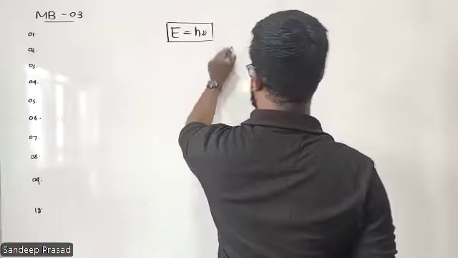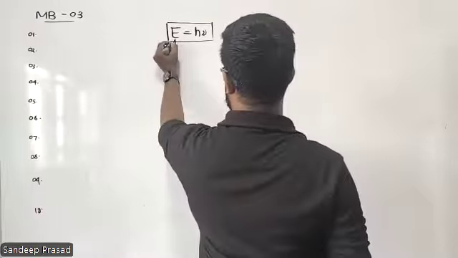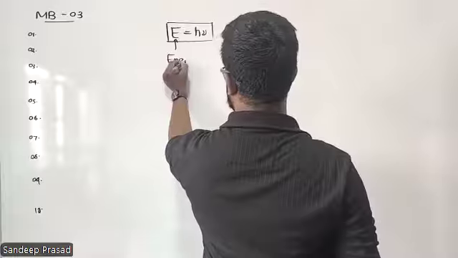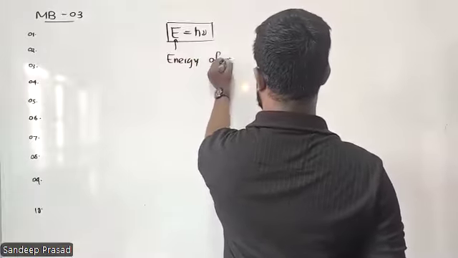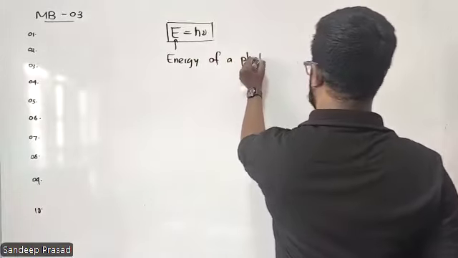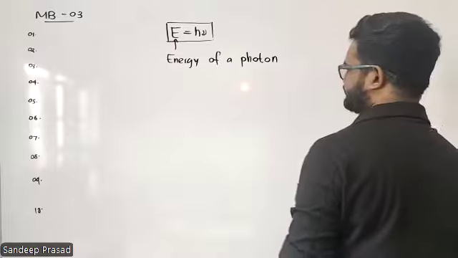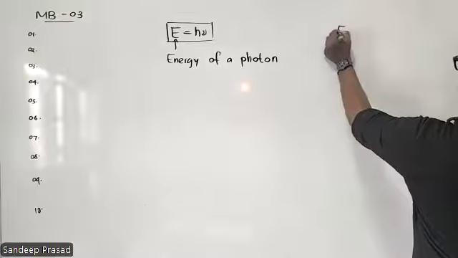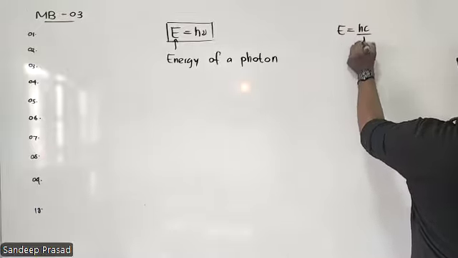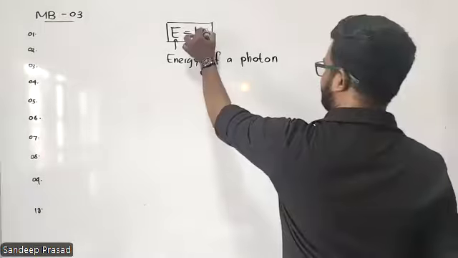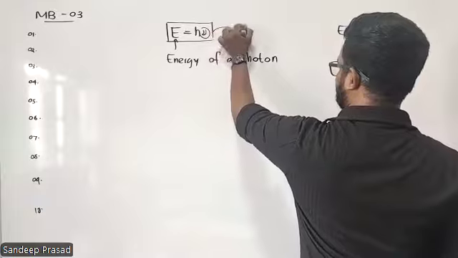According to Planck's theory, energy of a photon is directly proportional to the frequency. Since they're asking about the frequency, let me use this equation directly. We don't have to go for the equation E equals h over lambda. No need, because they're asking about the frequency.